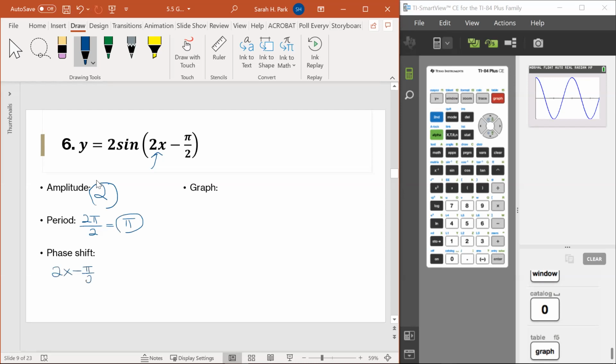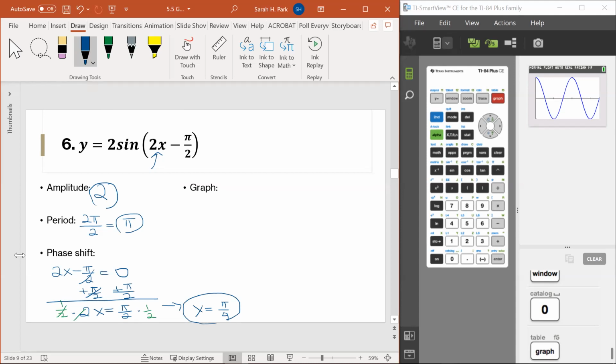We set whatever that is equal to 0 and solve for x. Let's add pi over 2 first. We get 2x is equal to pi over 2. To cancel 2, we can multiply both sides by 1/2. And then we're left with x is equal to pi over 4. So that is our phase shift.